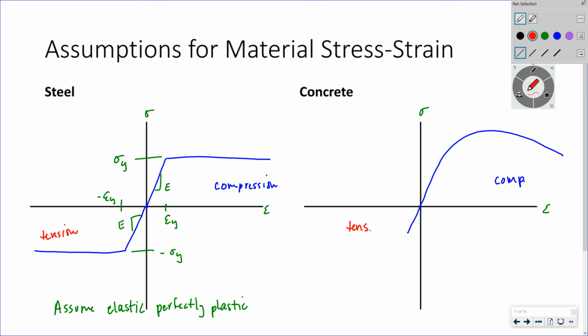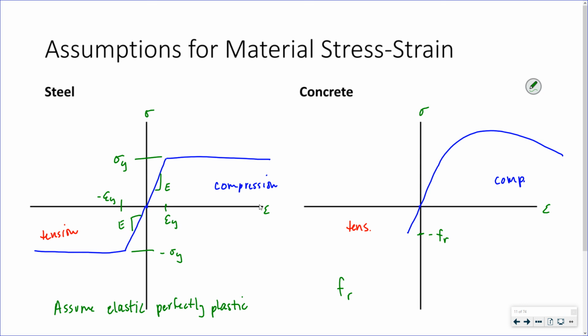On the tension side, we have this value f_r, which is our modulus of rupture, or the stress at which cracking occurs because of the tensile stress. And that's got some strain value associated with it.